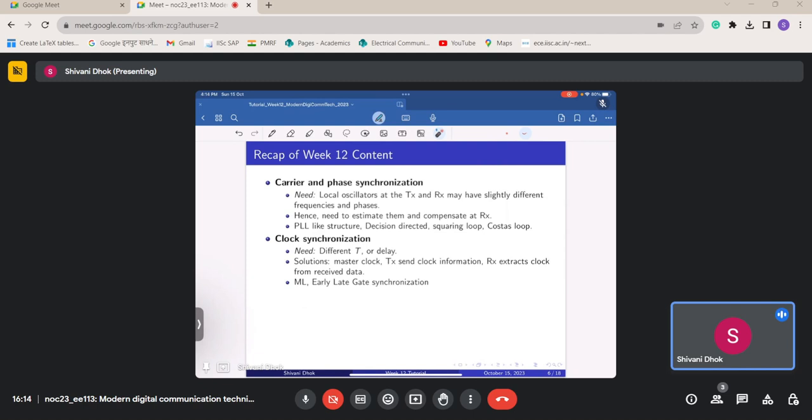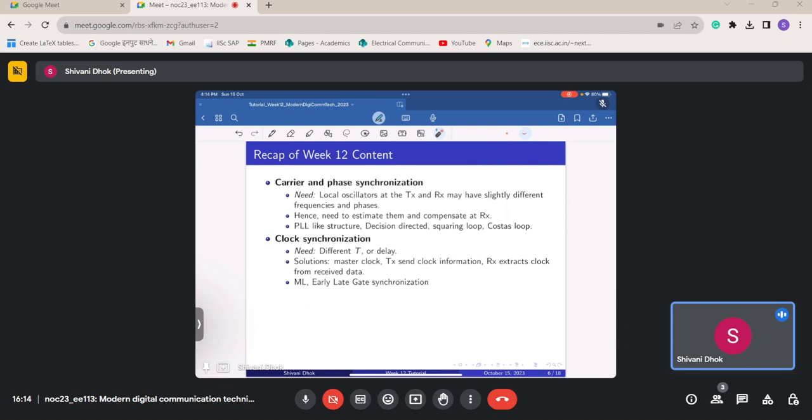Now when we are doing that, a basic assumption is that the carrier which you are using at your transmitter and at your receiver are in phase and are using the same frequency. However, that may not be the case. It may happen that your transmitter and receiver have frequencies which differ very slightly.